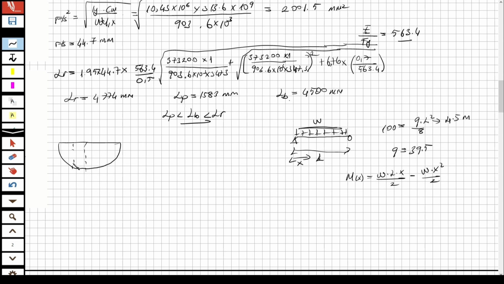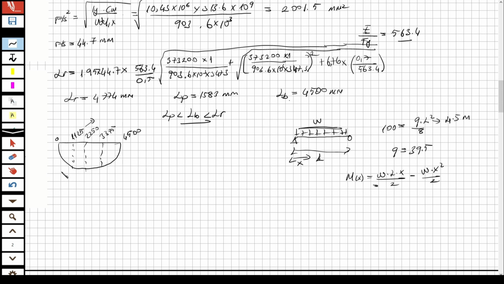This is the 1 quarter, and this is the 3rd quarter. So this is going to be 1,125, 2,250, and 3,375 as the distance. This is 0, and this is 4,500. So now let's write this distance into this equation, and we are going to obtain the moment value.